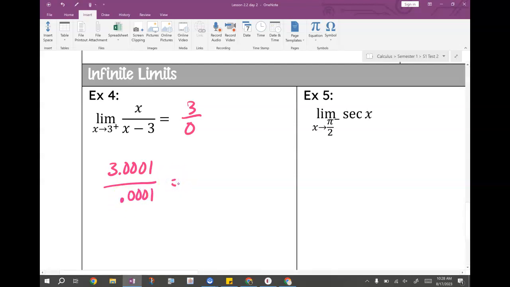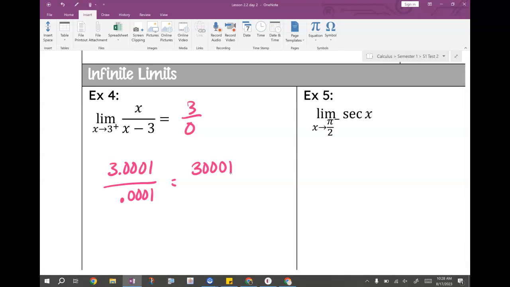Okay. Divide that. We are approaching infinity. So this is really super close, right? Really super close to 3. As we would try to get further away, you're going to see that those numbers are going to get smaller. So as we're getting closer, we're getting bigger and bigger and bigger.